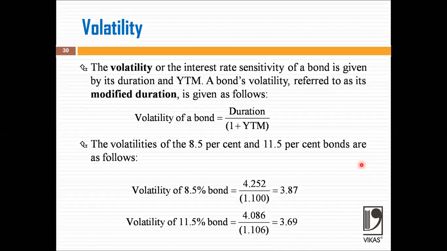For the first bond, the PVIFA at 8.5% is 4.252, divided by 1 plus KD. So the duration of the bond is 3.87. And for the second bond, we calculate the PVIFA at 11.5%, which is 4.086, divided by 1 plus KD.